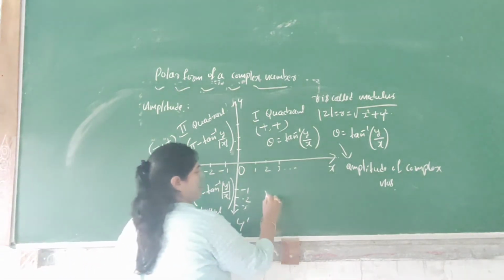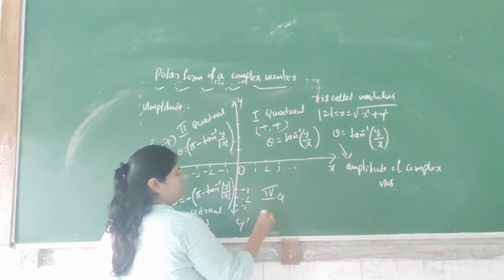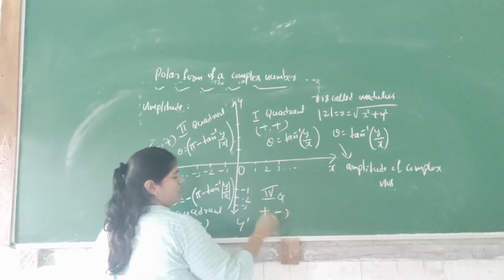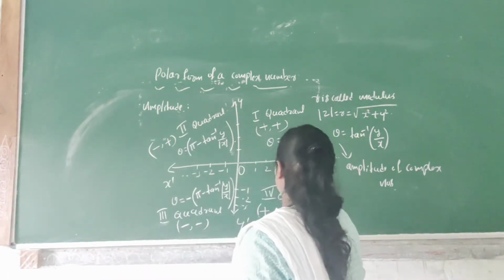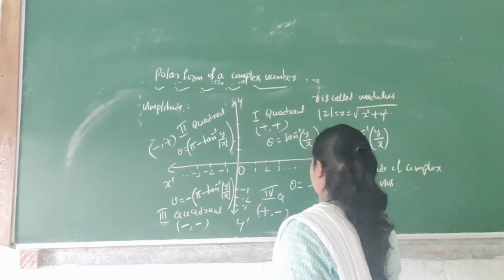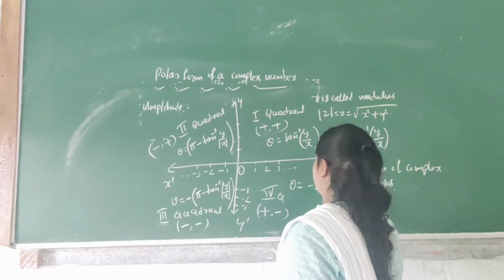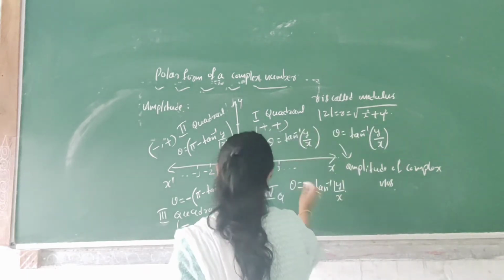What is the fourth quadrant? In the fourth quadrant, x-axis is plus, y-axis is minus. So theta is equal to minus tan inverse of modulus of y divided by x.